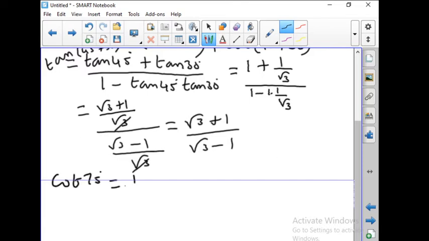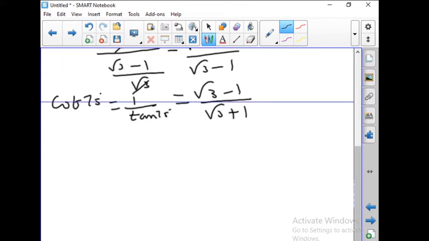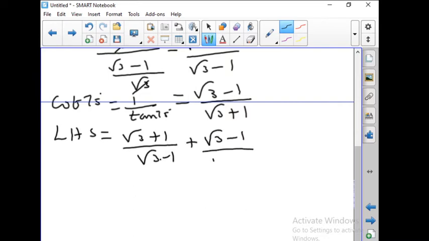So cot 75 is 1 by tan 75. So it is equal to root 3 minus 1 by root 3 plus 1. So the left hand side is equal to root 3 plus 1 by root 3 minus 1 plus root 3 minus 1 by root 3 plus 1.